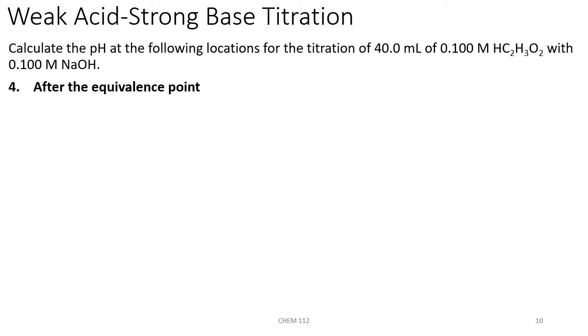Last but not least, we're going to calculate the pH for our weak acid strong base titration after the equivalence point. And just to keep it the same as our very first example with strong acid strong base, I'm going to say after 60 milliliters of sodium hydroxide have been added. So at this point, we have neutralized all of our weak acid, and we're essentially just adding excess base.